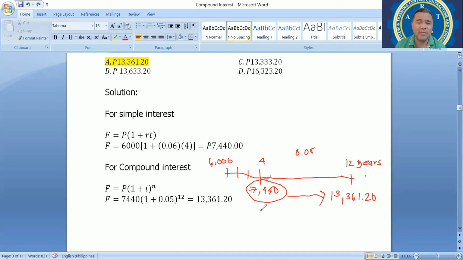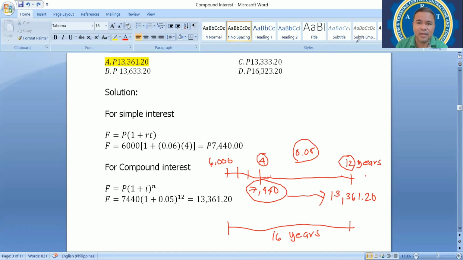Then the 7,440 was invested at 5% for 12 years, so the money becomes 13,361.20. The overall period is 16 years of investment: 4 years for the simple interest, and then 12 years for the compound interest.